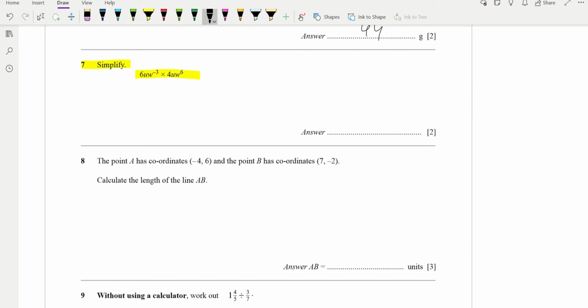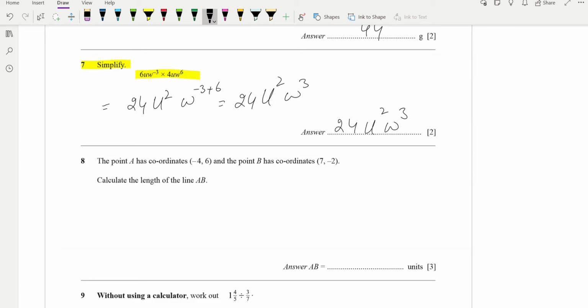To simplify this one we can multiply 6 into 4 will be 24, and u into u will be u squared, and w into w raised to minus 3 plus 6, and this will be equal to 24 u squared, and w raised to the power 3. This will be the final answer which we can write over here.